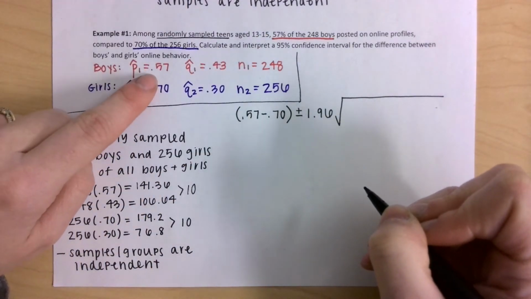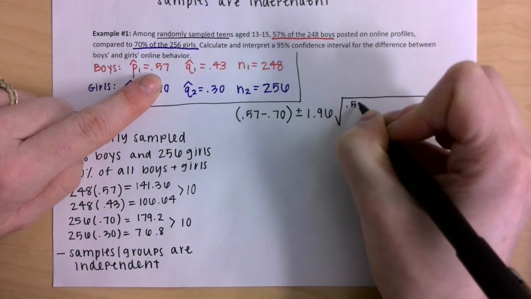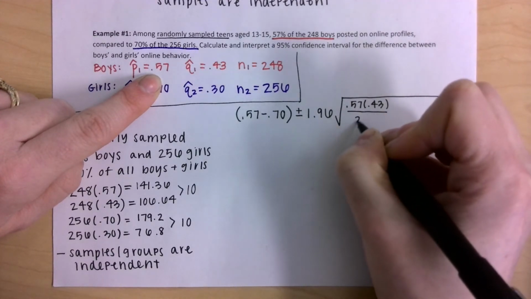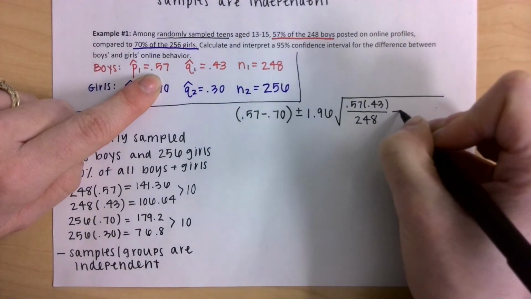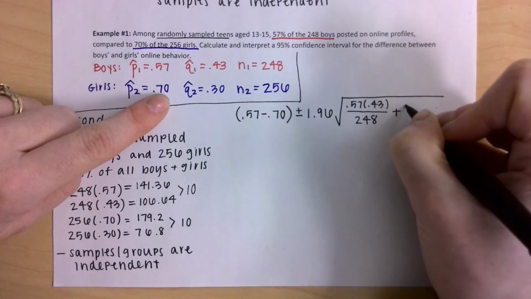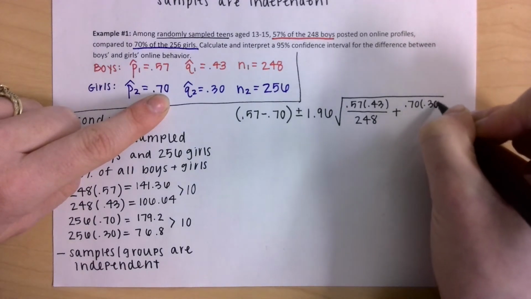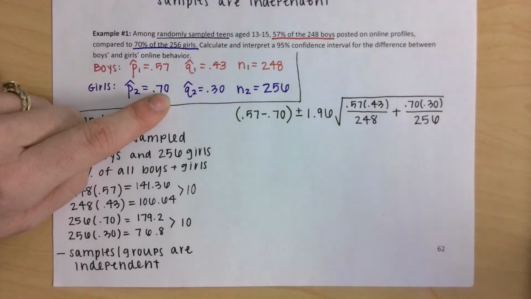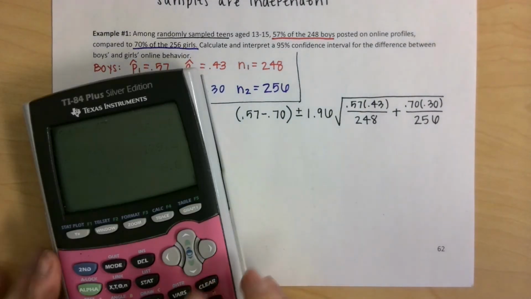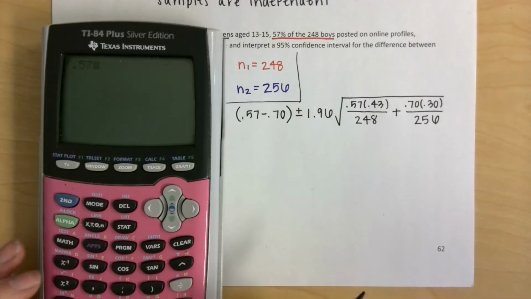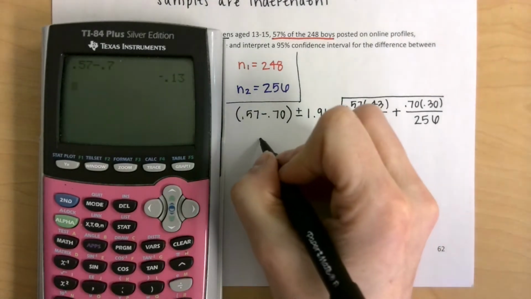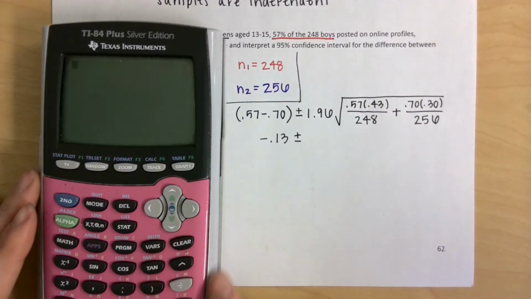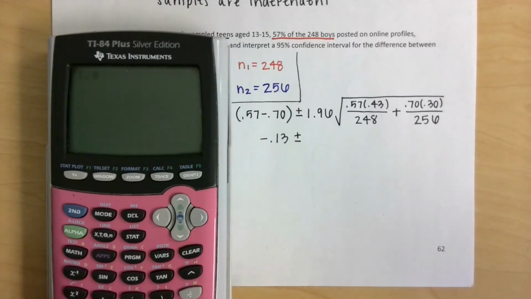And now I have my big old square root. I'm going to find the standard deviation for boys first. So 0.57 times 0.43 over that sample, plus standard deviation for girls. Okay, I like to start with typing in just this difference here. And then we can type this whole thing in to find that margin of error.